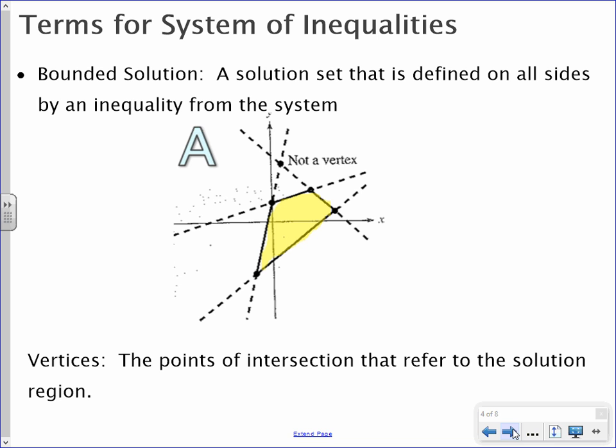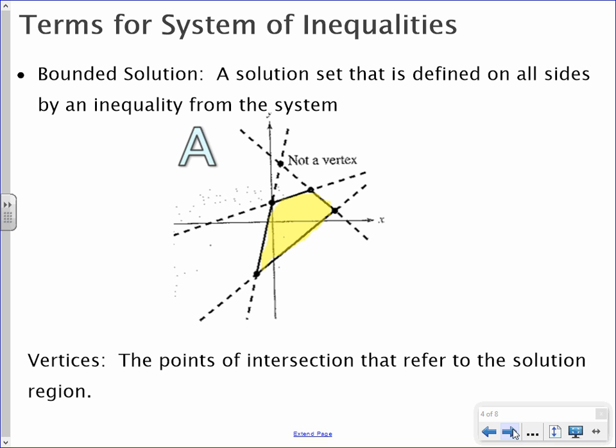Notice how up here these two lines intersect, but it's not where our solutions are, so it's not a vertex. How are we going to find those points? Yes, math. What kind of math? How do we find where two lines intersect? What kind of algebra?